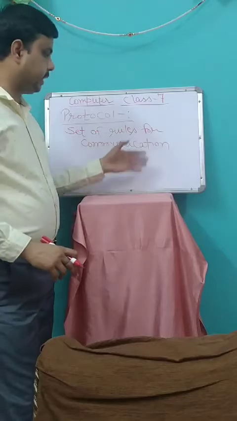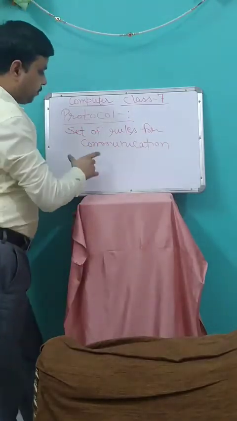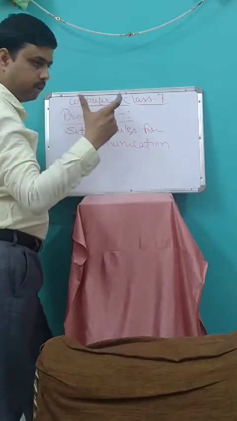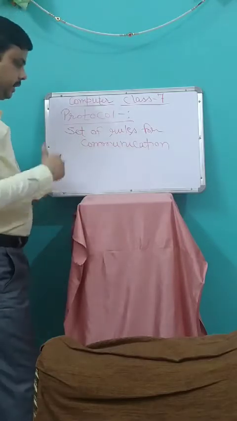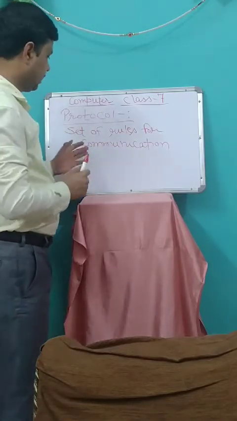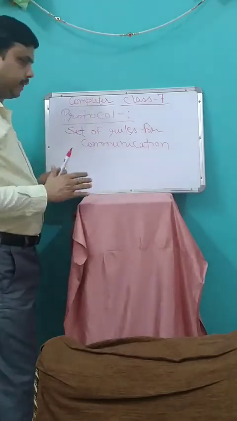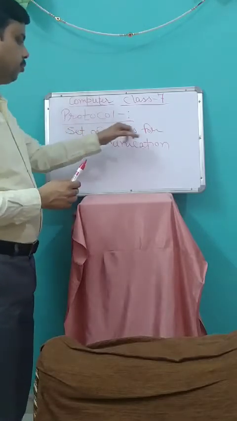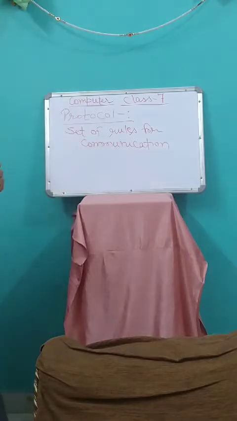Yes or no? Sending or receiving messages. If your message is sending or receiving by a rule, means in a set of rules, when we are sending or receiving our message, that is through a protocol we can make. So protocol, we can say, set of rules for communication is called protocol.